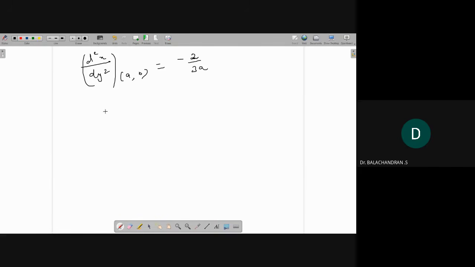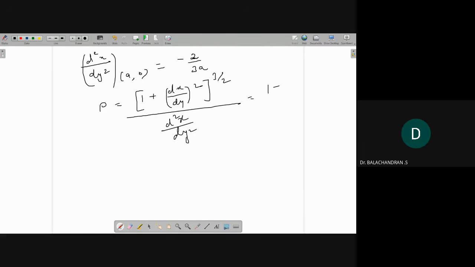Okay, now we need to substitute everything in the formula for rho. So 1 plus dx by dy whole square whole power 3 by 2 divided by d square y by dx, sorry, d square x by dy square is equal to 1 plus 0 whole power 3 by 2 divided by minus 2 by 3a.